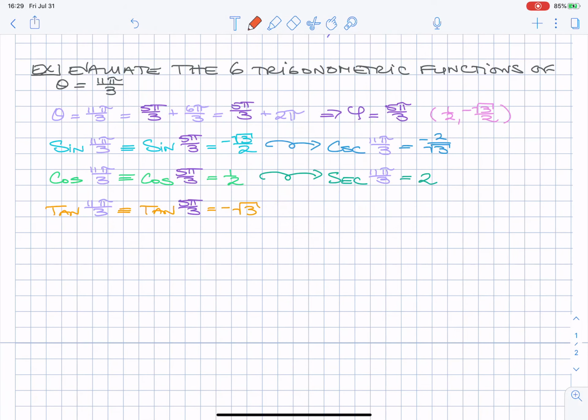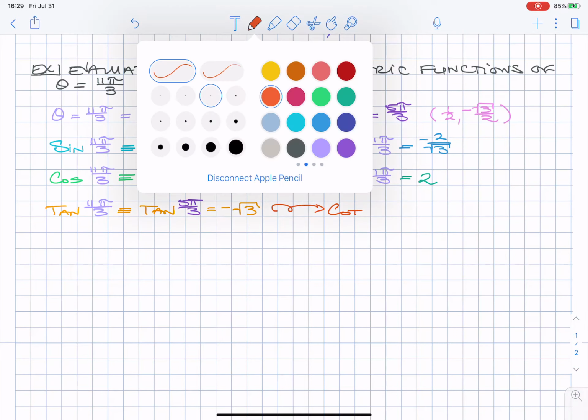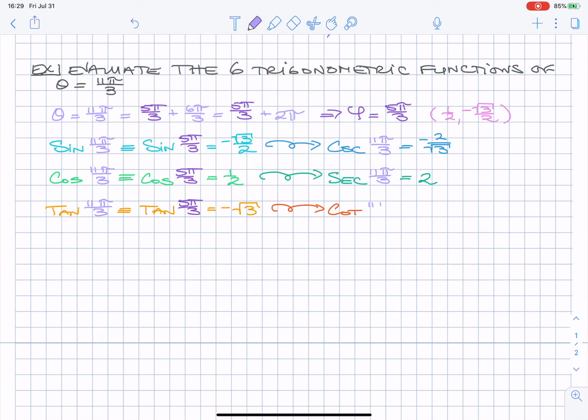Okay, so the reciprocal, cotangent of 11 pi over 3, I just flipped this upside down, so minus 1 over root 3. I don't care about rationalization.